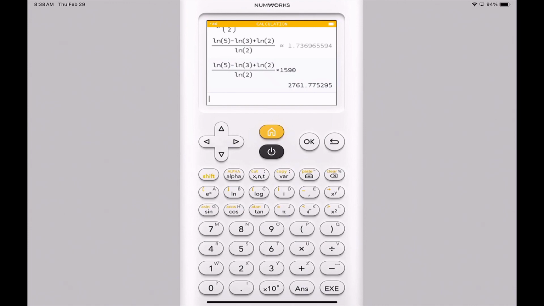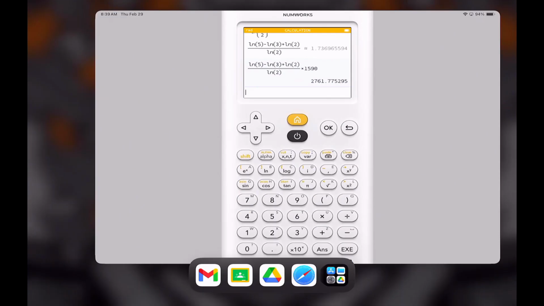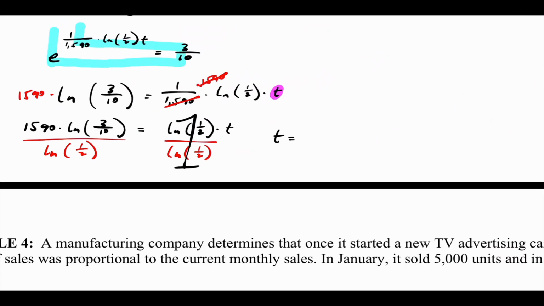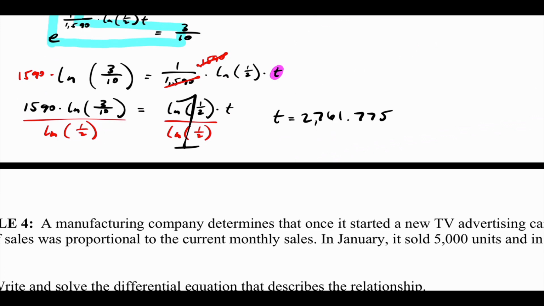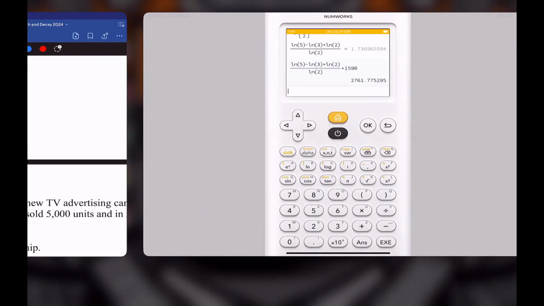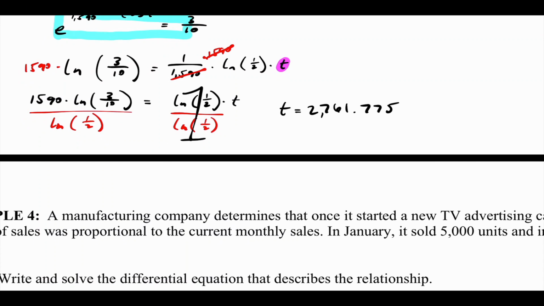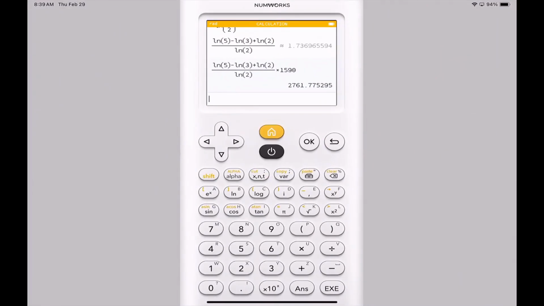And there you go. 2,761.775. Three places.